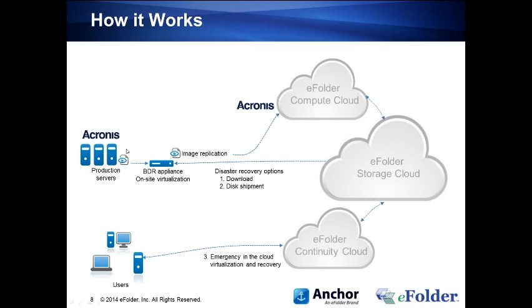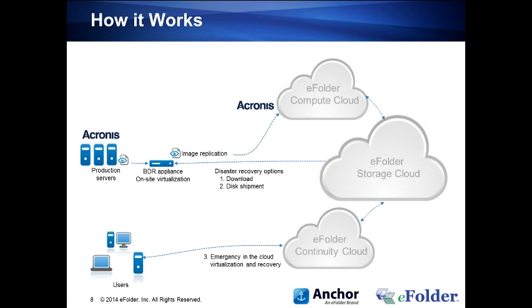So the way this solution works is you basically license the Acronis software directly from eFolder, and you run the Acronis image-based software on the protected servers, the agents, and then you run the Acronis management server software either locally on the server or in most cases on a BDR appliance that's on-site at the customer location.